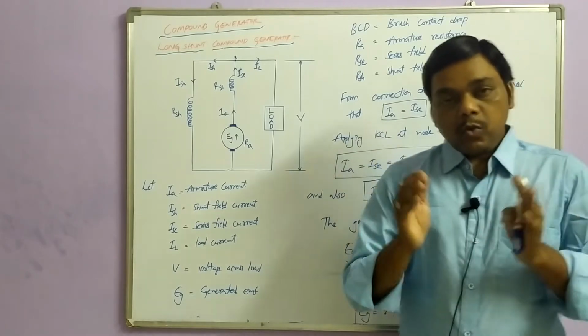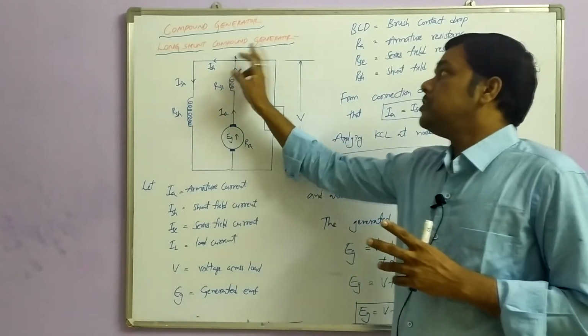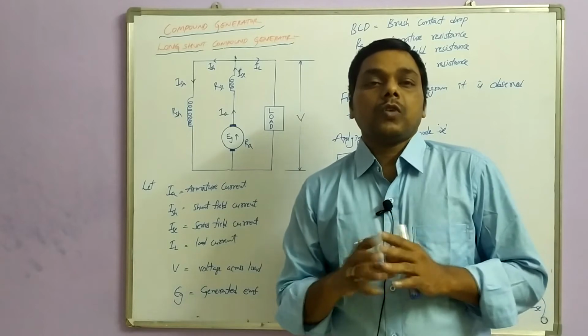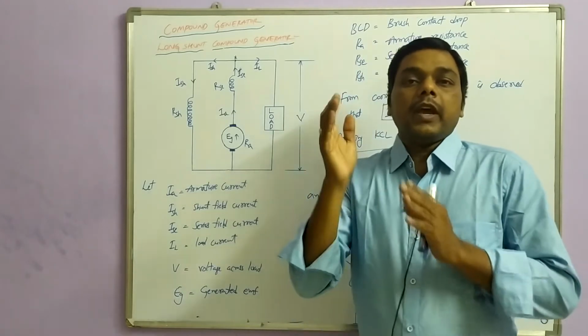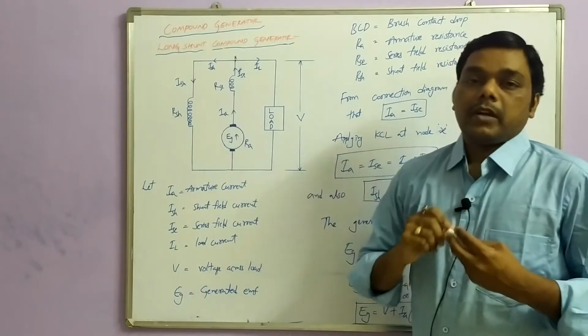Now if you combine both series and shunt generators, we get the compound generator. The name itself indicates compound, so the combination of series and shunt generators is called the compound generator.